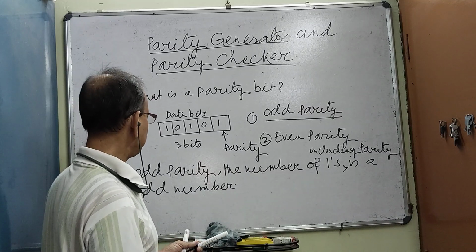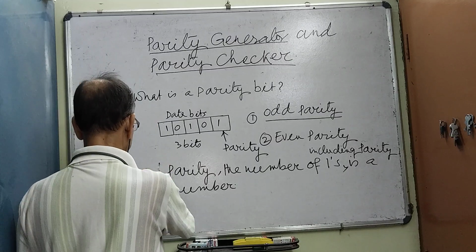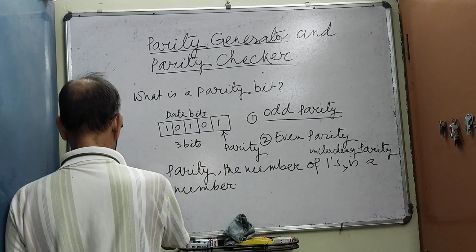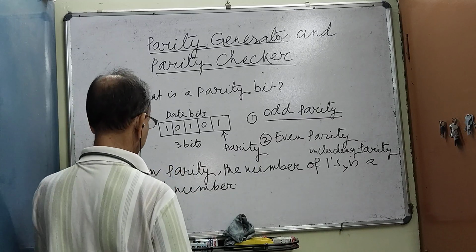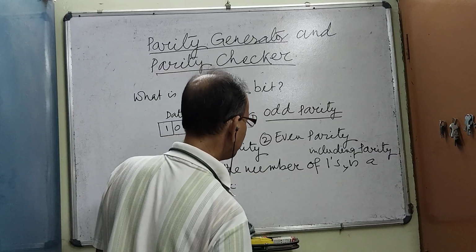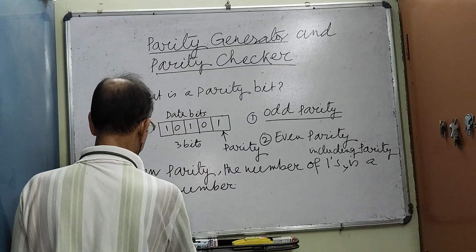And the even parity: the total number of 1s including the parity bit will be an even number.